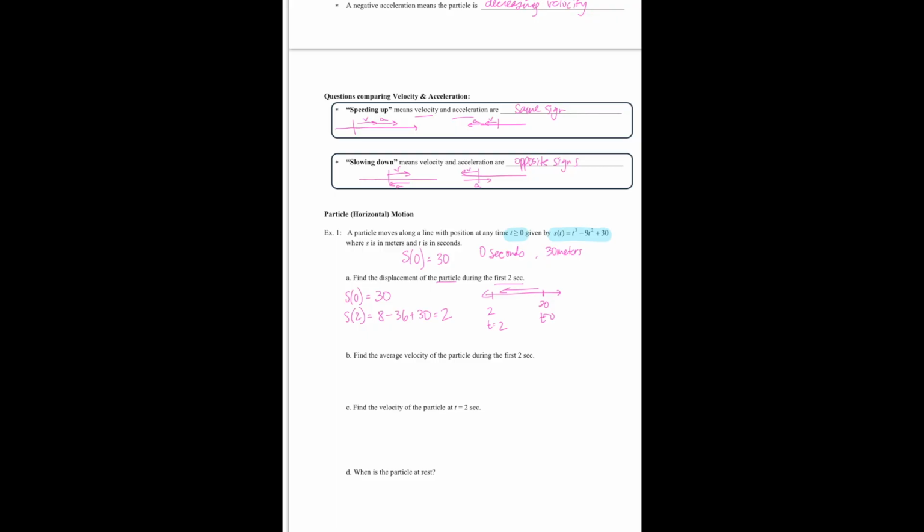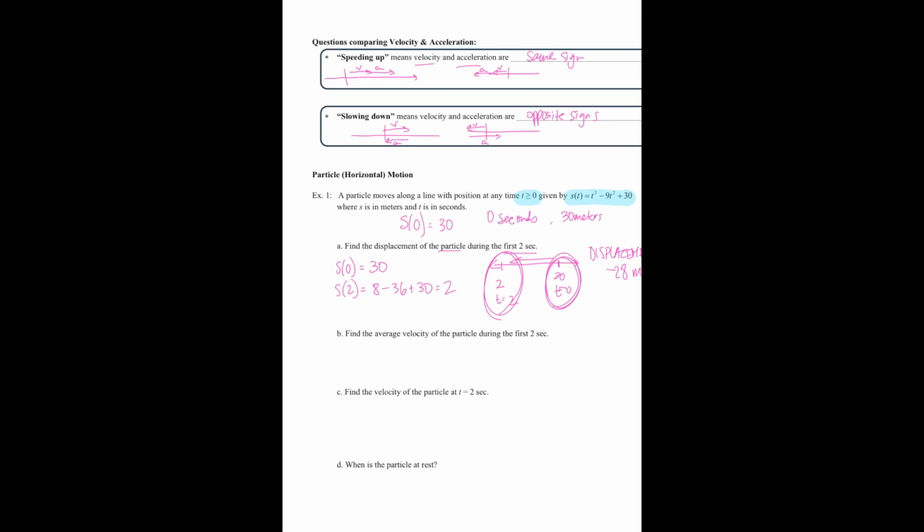So the displacement is negative 28 meters. Okay, the sign matters. This is where it started. This is where it ended up. It's negative 28 meters.